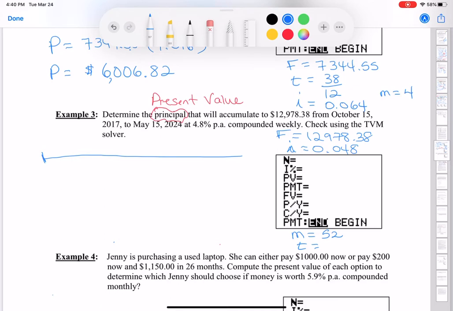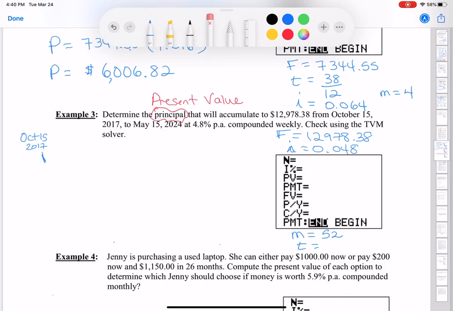So we're going to count from October 15th of 2017, and we're going to count full months or full years of October 15th, until we get close to that May 15th, 2024. And we know that October comes after May, so we're going to need to stop on 2023, the year before, and then count to our May destination.